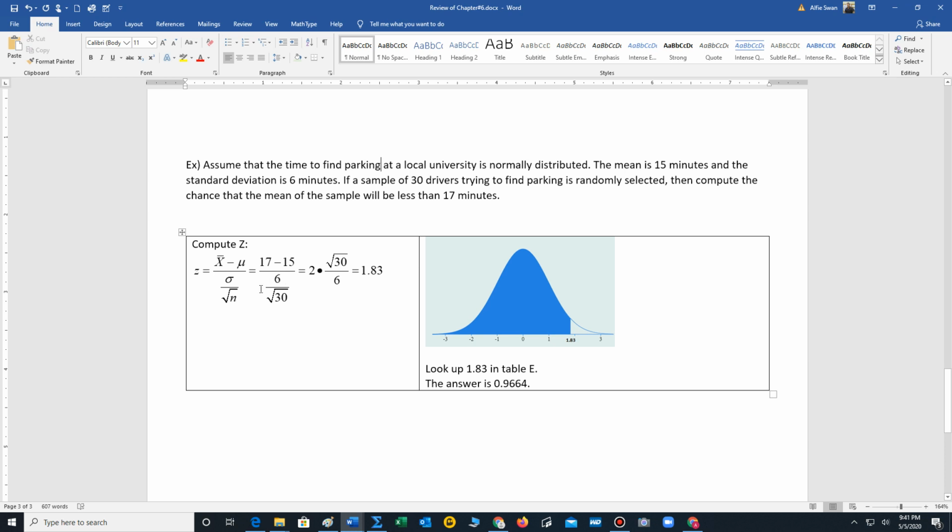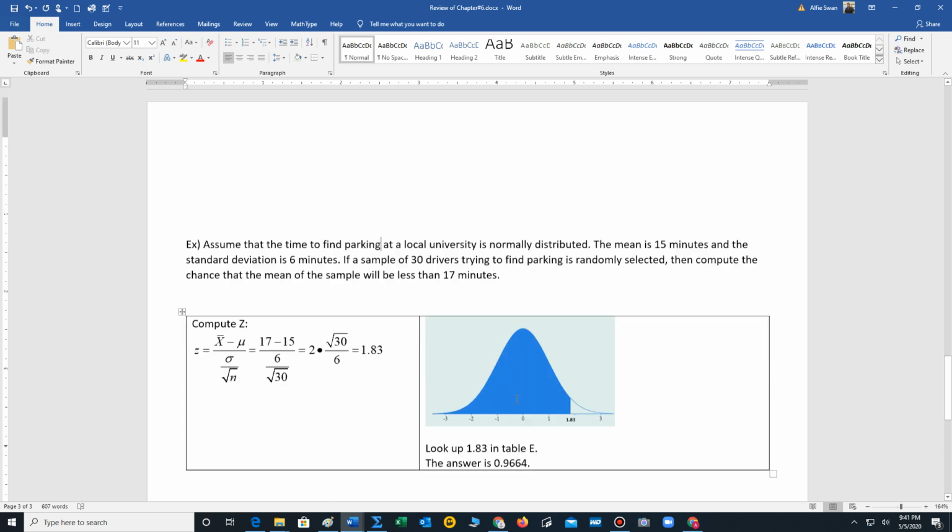And then to make it easier, take the reciprocal of 6 over radical 30. So it's 2 times radical 30 over 6, which is 1.83. We rounded to 2 places. Now all we have to do is look up 1.83 in Table E, and we get the answer, which is 0.9664.